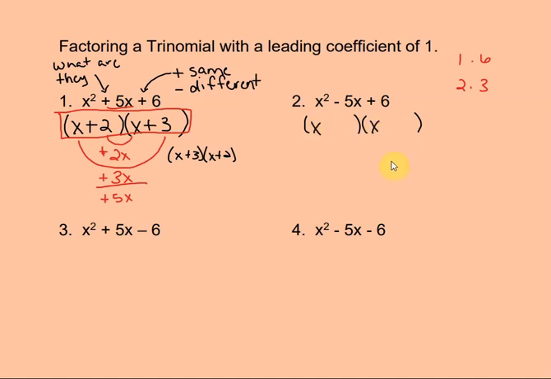Now let's see what our signs are. Remember, we look at the second sign first, and if that's a plus sign, what does that mean? It means that the signs in my 2 binomials are going to be the same. However, in this example, my first sign is a minus. So remember, that tells me what my signs are.